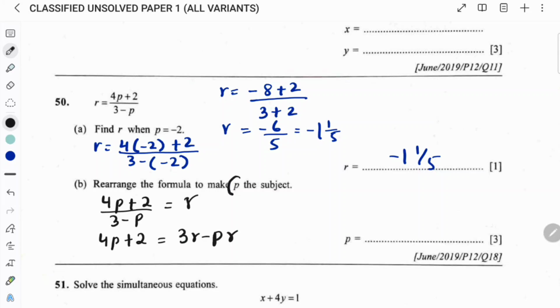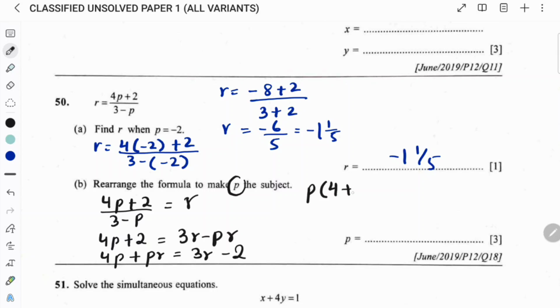Okay, remember we have to make p subject. 4p plus pr is equals to 3r minus 12. Okay, so we'll have to take, sorry, not 12, it is 2, minus 2, because plus 2 was there, so it is minus 2 on this side.